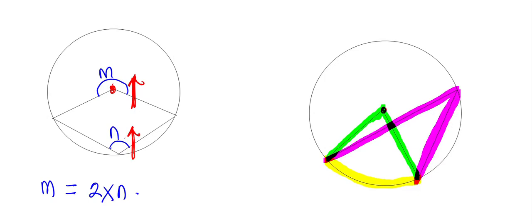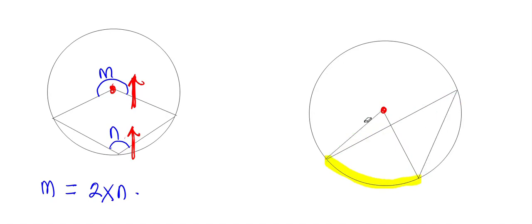So let's say the angle at center, let's put P there. The one at circumference, let's put Q there. So we said angle at center is twice angle at circumference.